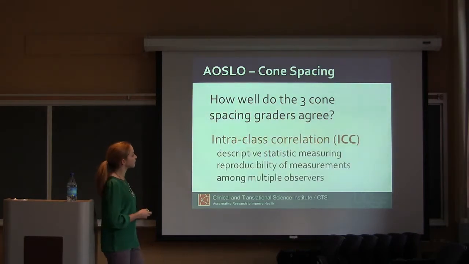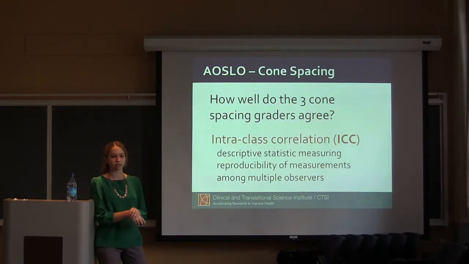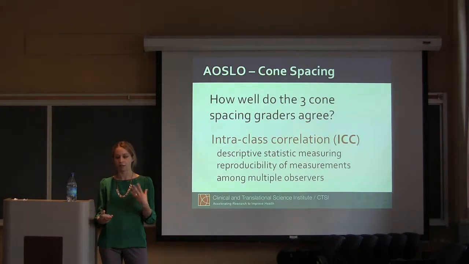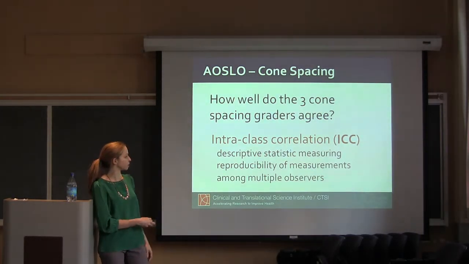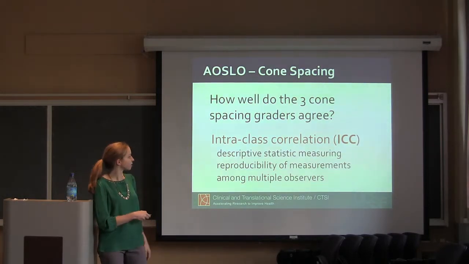In order to do that, we're using a statistical measure called ICC. It basically compares one group of data to another group of data and looks at how well they agree with each other. So we're looking at the ICC for our 3 different graders.